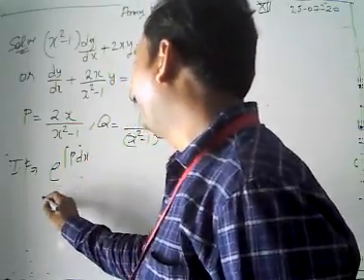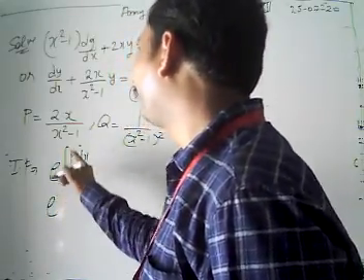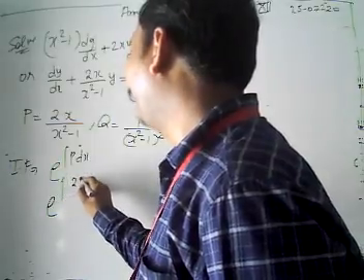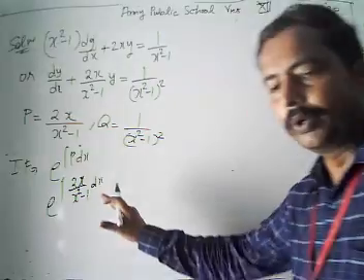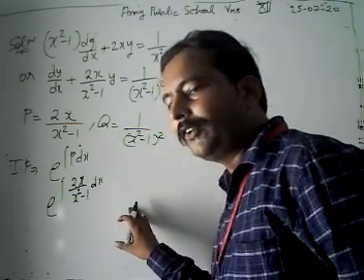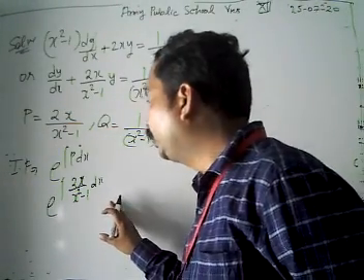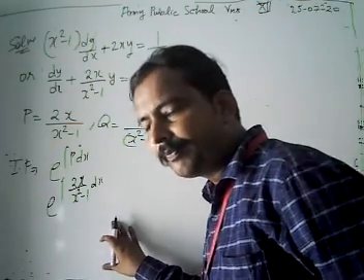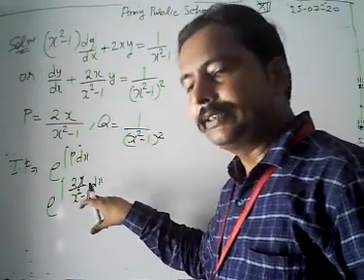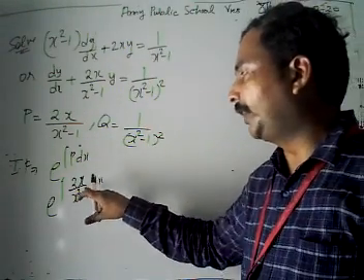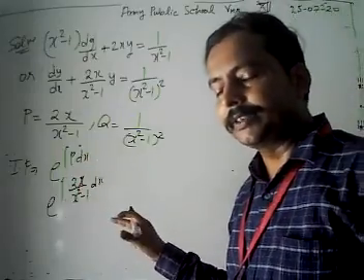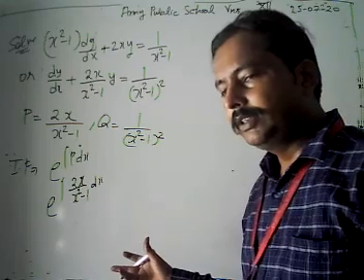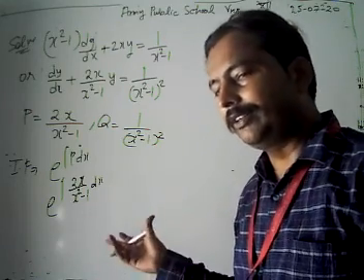What is the value of p? It's 2x upon x square minus 1. So IF is e to power integration of 2x upon x square minus 1 dx. Look, this is of the type where the numerator is f dash x and the denominator is f x, so the integration of f dash x upon f x is log f x.